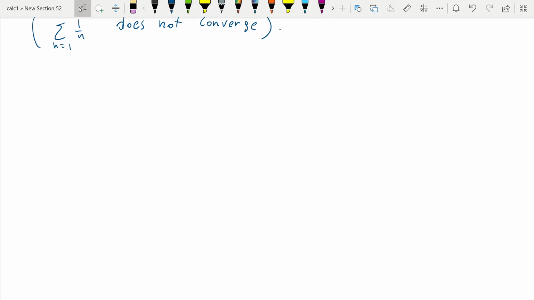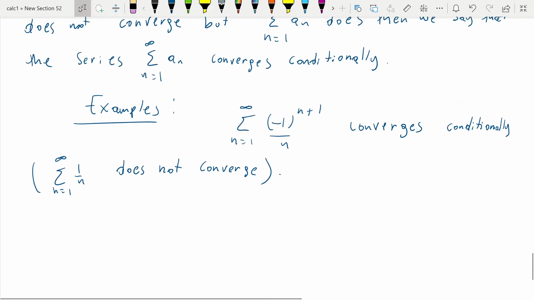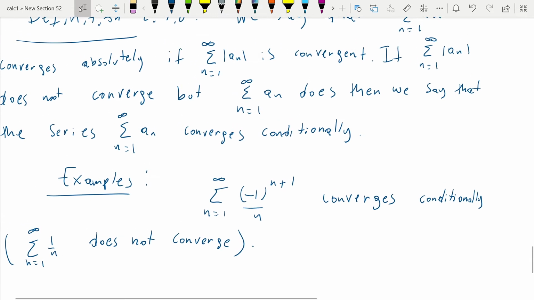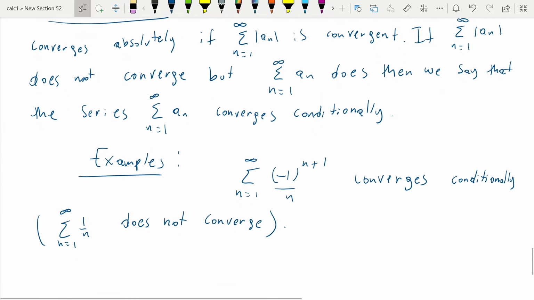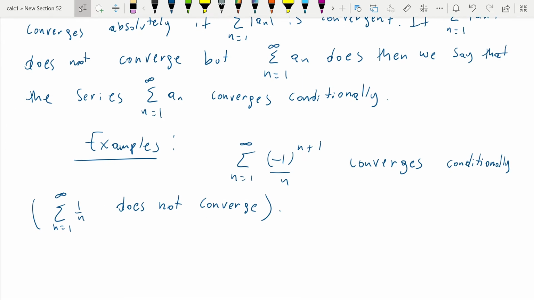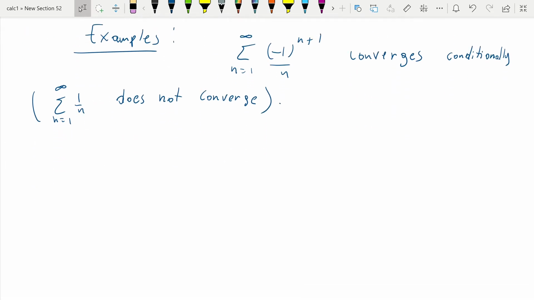And so this is important to keep in mind. There's a very big difference between conditional convergence and absolute convergence. In fact, absolute convergence in itself prevents some of the pathological things we've seen regarding rearrangements.